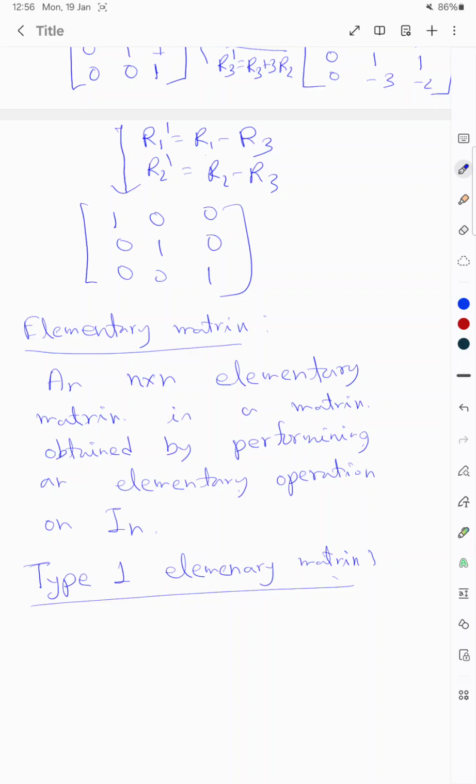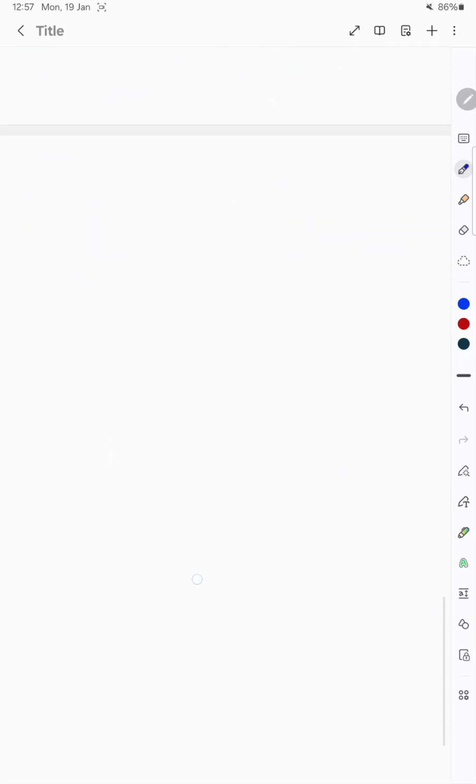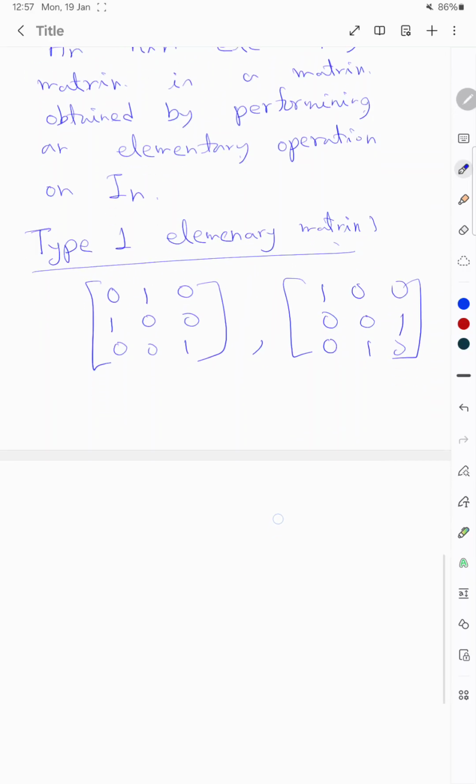So if you do the same operation in your identity matrix, for example, if you swap your first and second row in your identity matrix, if you consider just a 3 cross 3 matrix, it is 0 1 0, 1 0 0, 0 0 1. So this is also an elementary matrix. If you do it this way, 1 0 0, 0 0 1, 0 1 0, this is the type 1 elementary matrix.